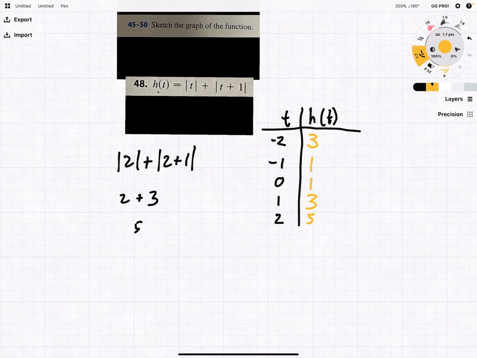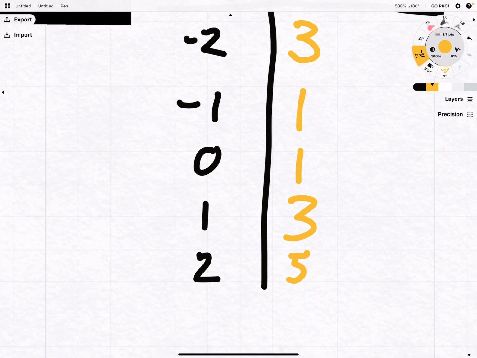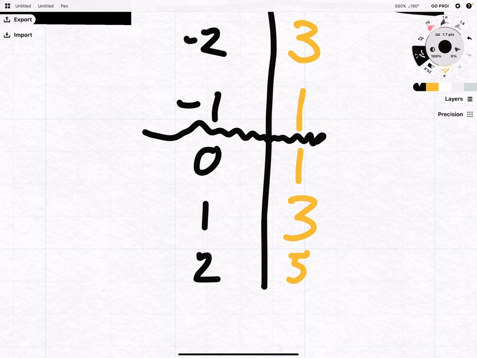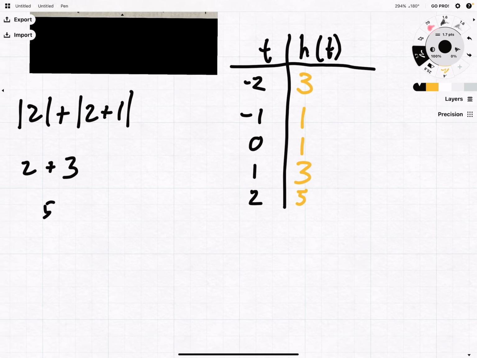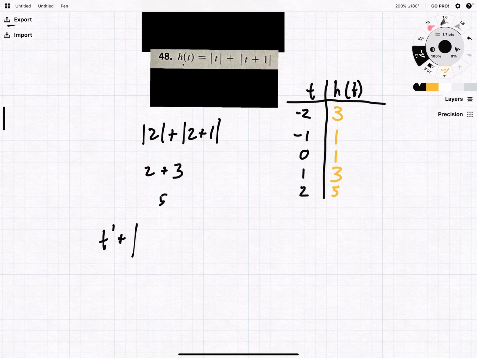Now, let's just make sure that nothing strange happens in between -1 and 0. So it looks like that's probably 1 the whole time, but let's just make sure. That way we don't get that wrong. So if we have this function absolute value of t plus absolute value of t plus 1, when we plug in -1, we get 1.